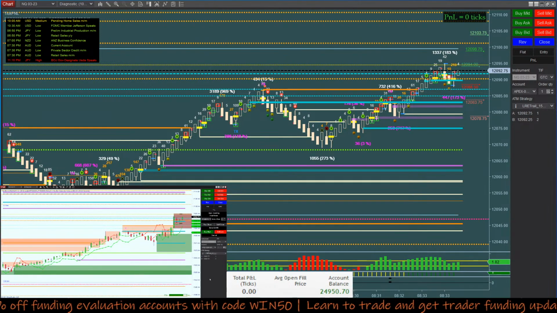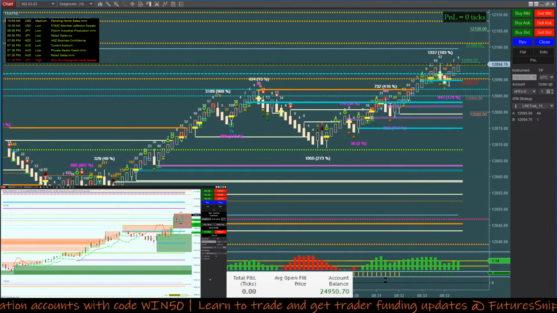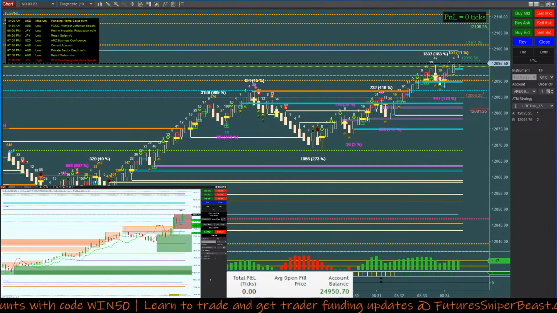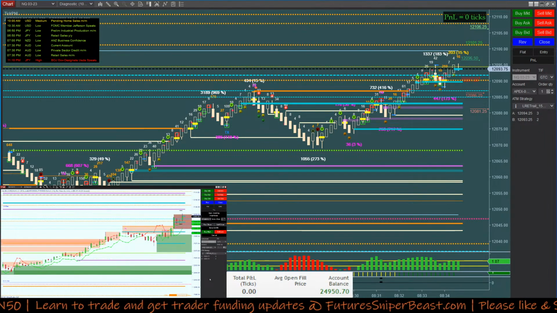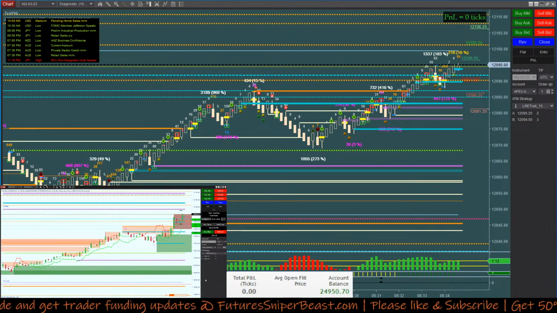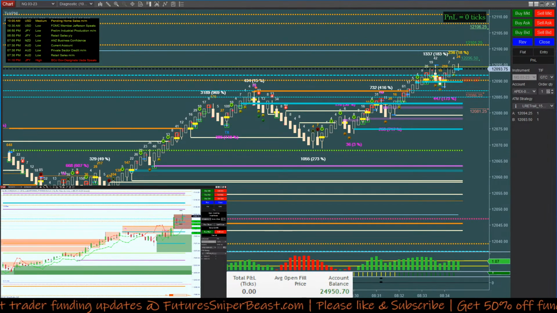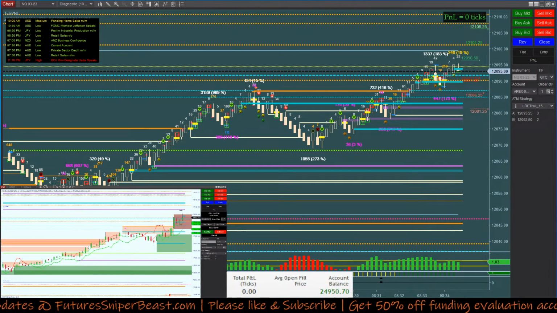Double cluster NQ. I'm going to go ahead and refresh my dynamic magnets and flux levels.